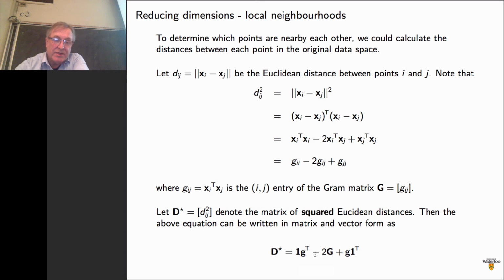In matrix terms, G is the vector of the diagonal elements: G11, G22, G33, etc. I didn't write it on the slide, but that's what it is. That can be expressed in matrix form. So I've got a relationship between the squared distances and the elements of the Gram matrix. Okay? Everybody with me?